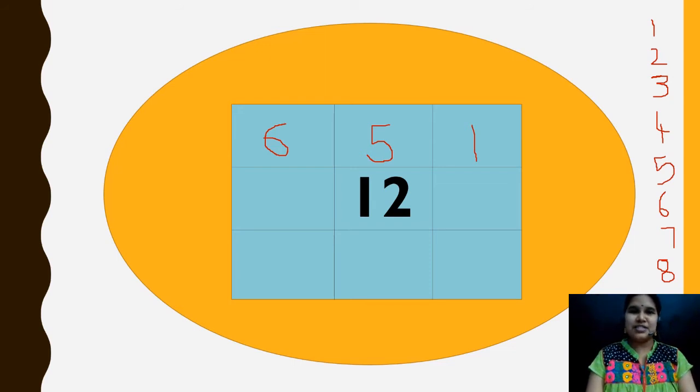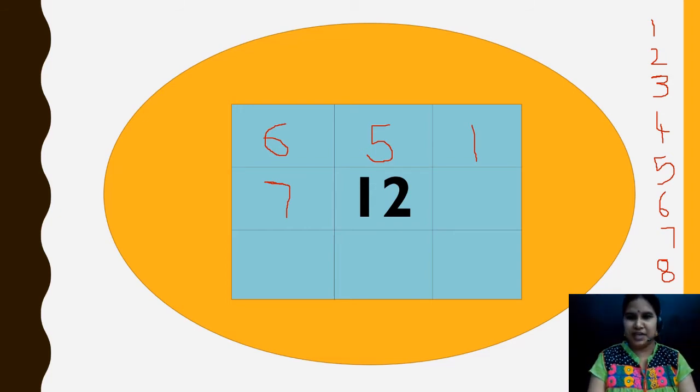Let us fill now these boxes. We'll take the number 7 here. What should be here?